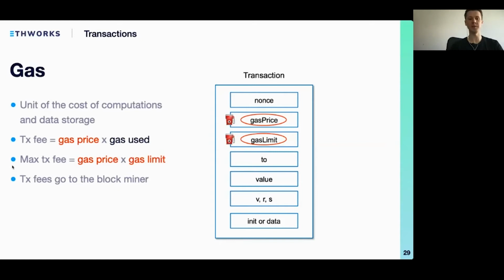But anyway, you can also individually set gas limit for each individual transaction. You may be also wondering, how do you know what gas limit to set? Well, in case of normal Ether transfers, it's predefined. It's 21,000 gas.